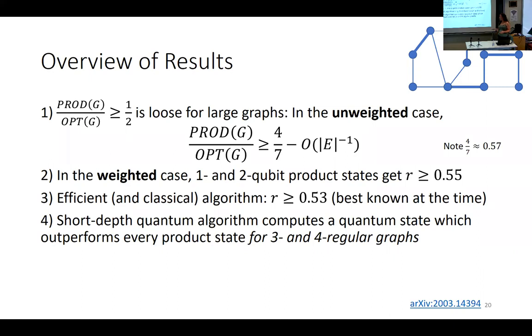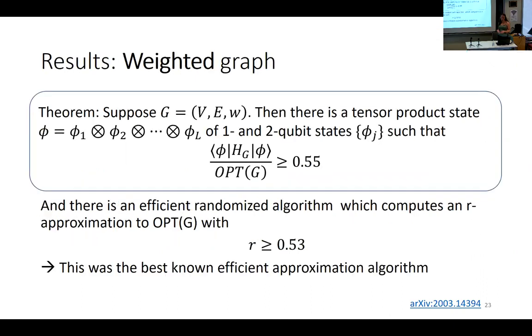Okay, so I'm actually going to skip over this first result and just go straight to the second one because I think it's the interesting intuition in this work. So what are we talking about here? This is where we extend our notion of product states a little bit. Remember, in the previous work, they're rounding SDP solutions to a pure product state. So 1 qubit, tensor 1 qubit, tensor 1 qubit.